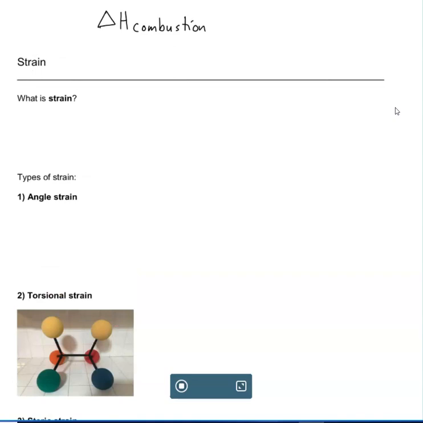Strain is a difference between two heats of combustion. So it's a delta H, if you will. So a difference between two delta H values. Okay, so what are those delta H values?